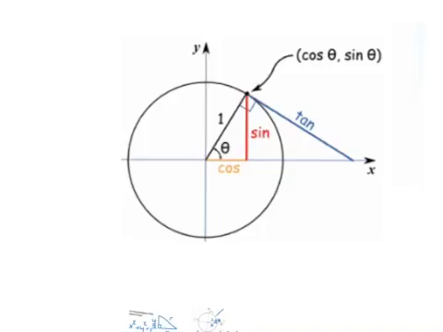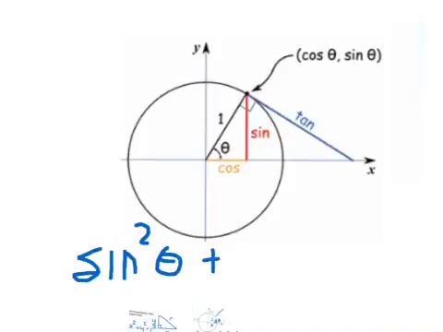Now here we have another form of the unit circle where we have identified x as the cosine of theta and y as the sine of theta. So if we substitute cosine theta for x and sine theta for y, we come up with a new identity, which is sine squared theta plus cosine squared theta equals 1.